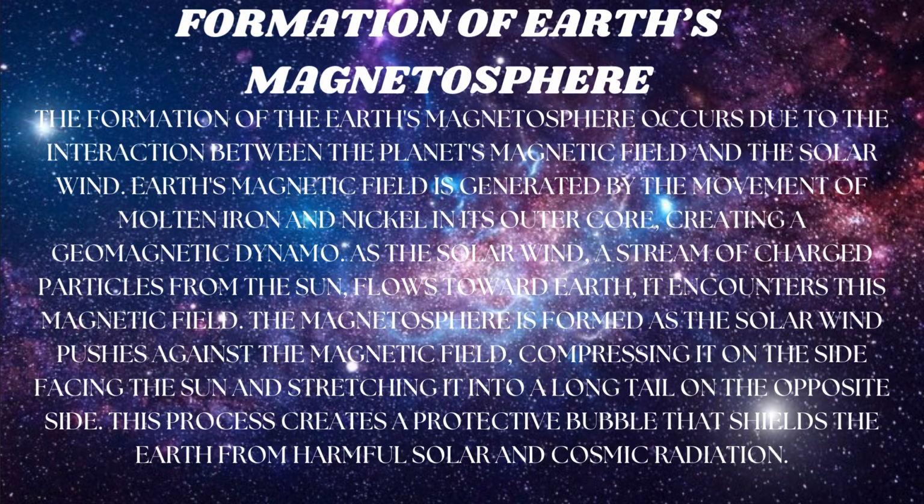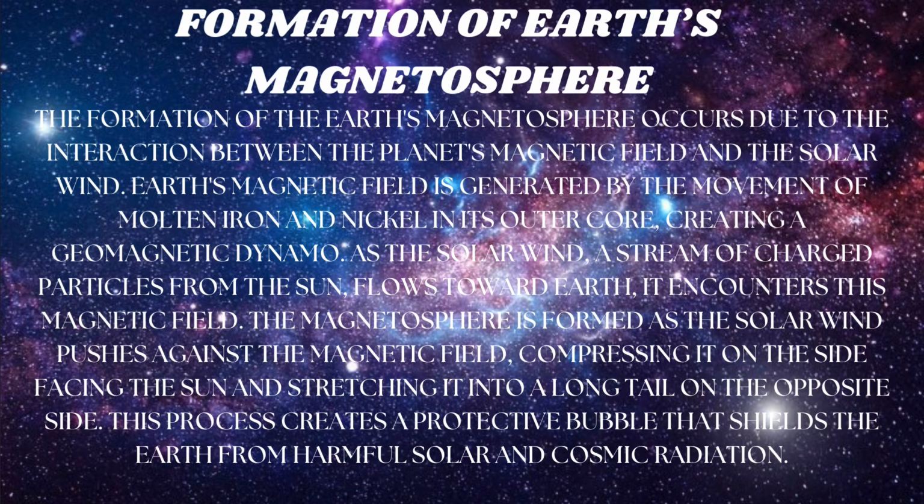The formation of Earth's magnetosphere. The formation of Earth's magnetosphere occurs due to the interaction between the planet's magnetic field and the solar wind. Earth's magnetic field is generated by the movement of molten iron and nickel in the outer core, creating a geodynamo. As the solar wind, a stream of charged particles from the Sun, flows towards the Earth, it encounters this magnetic field.